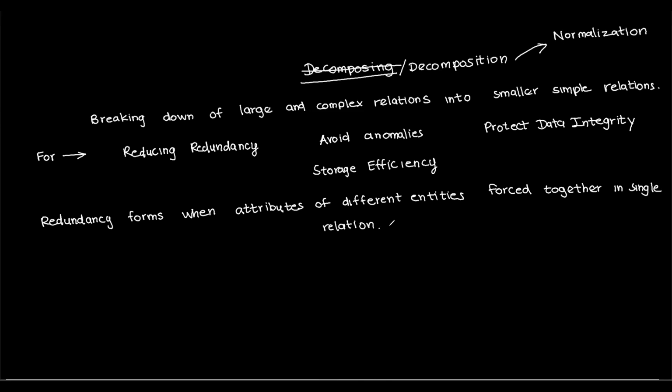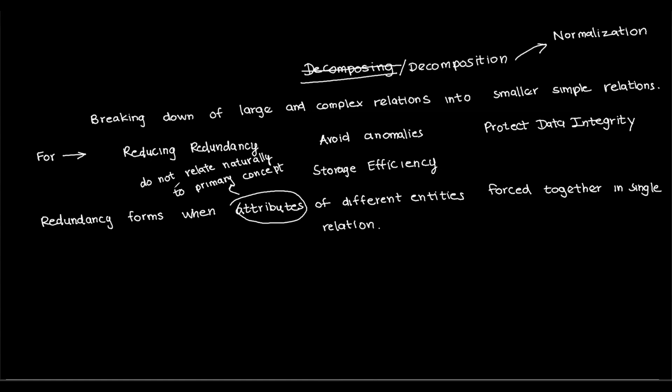That's why redundancy is formed. So we can say these attributes do not relate naturally to the primary logic or primary concept of the relation. So if we can separate these attributes into different relations, we can actually reduce data redundancy.